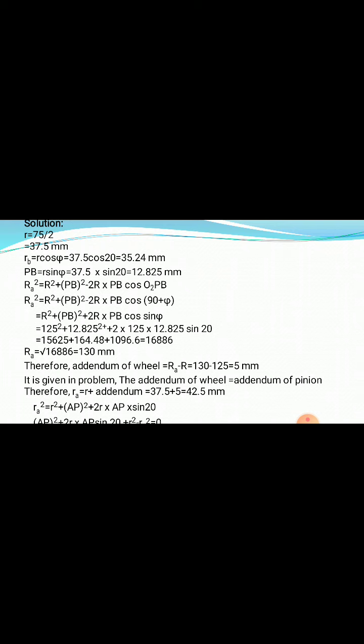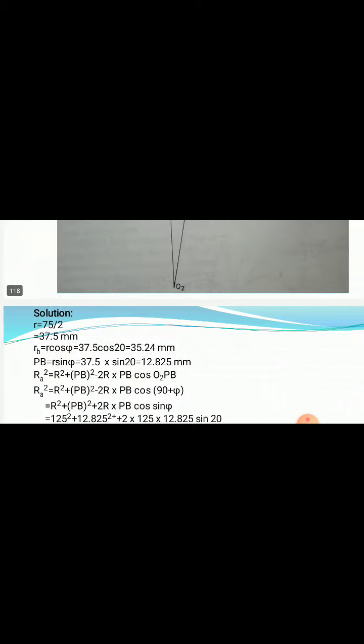All other quantities are calculated by using trigonometry. RB is equal to R cos phi.